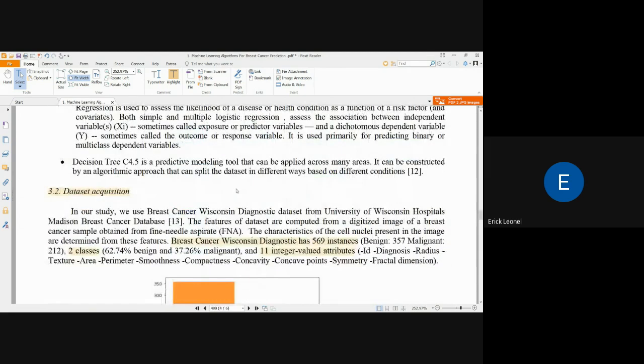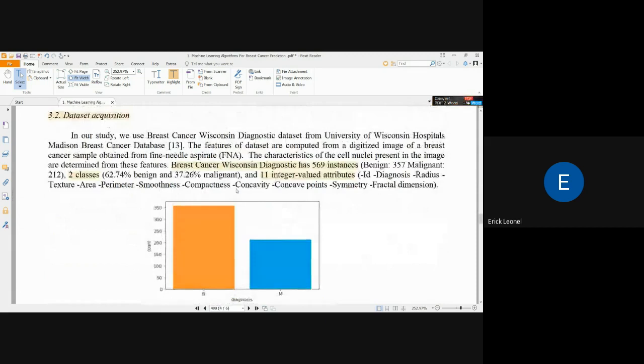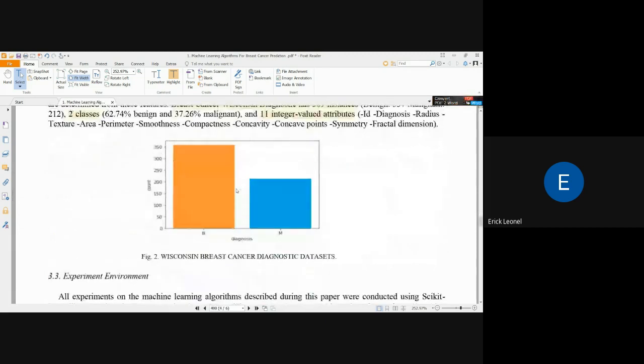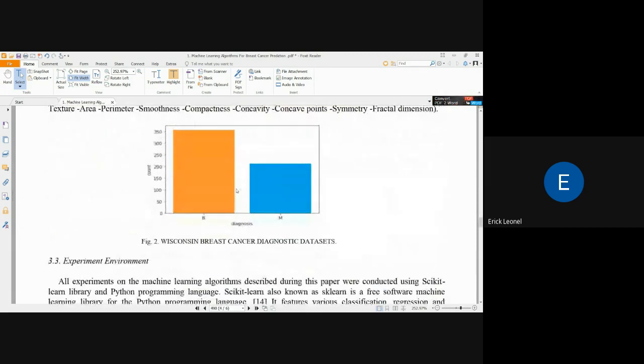Regarding data acquisition, it was used the breast cancer Wisconsin diagnosis data set as we see here in figure two. Features are computed for a digitized image of breast cancer sample.